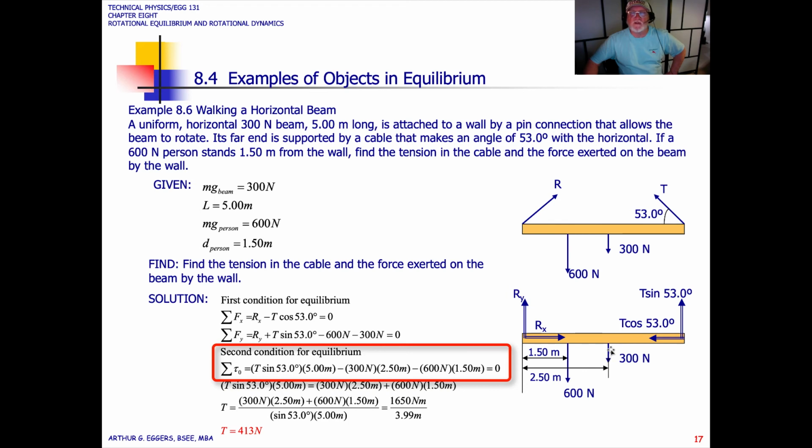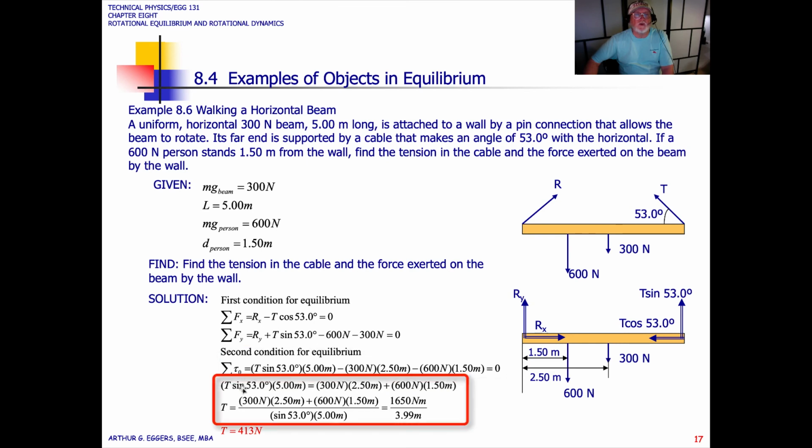We have minus 300 newtons times its distance, which is halfway, 2.5 meters. Let's move to where the person is standing, 600 newtons. They said he was 1.5 meters from the wall, and there are no other terms to capture because out here at the end there is no torque. Okay, so we set all that equal to 0.